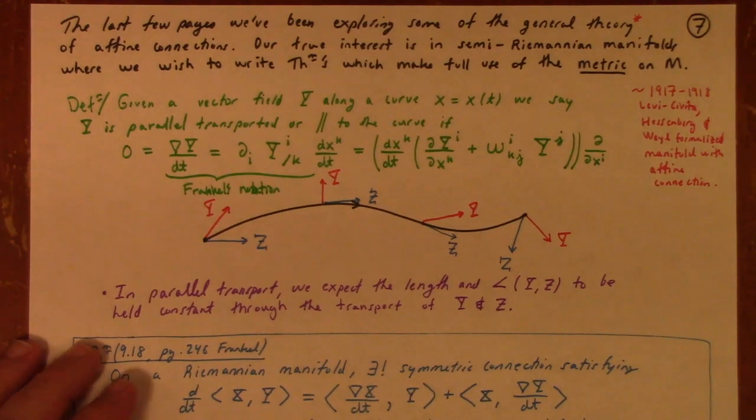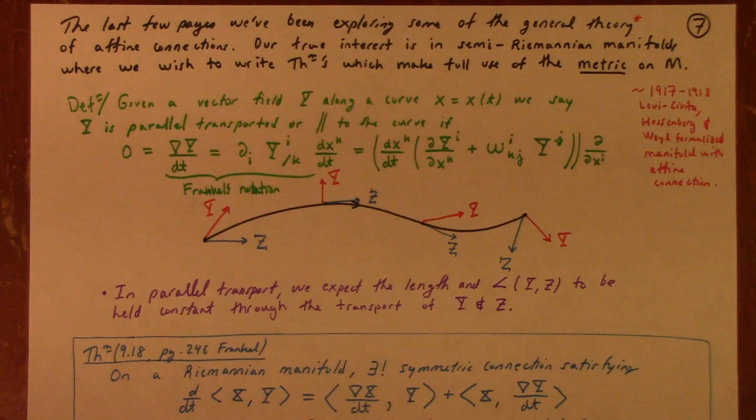Because the connection basically sets up a way of measuring the change in vector fields from point to point, right? So once you've defined some sense of how things change, it makes sense to say, oh, the vector field doesn't change with respect to its velocity direction. So in parallel transport, we expect the length, what do I mean length of what?